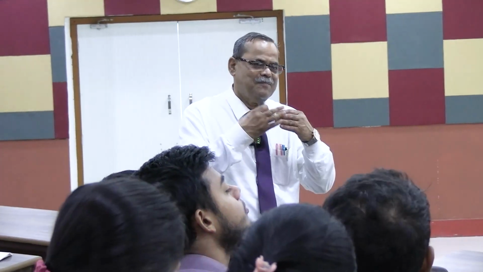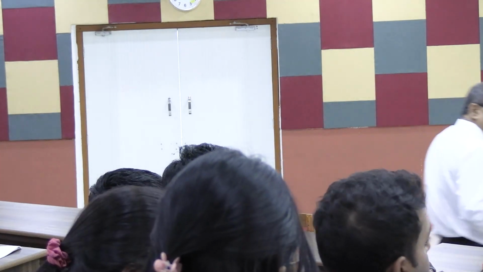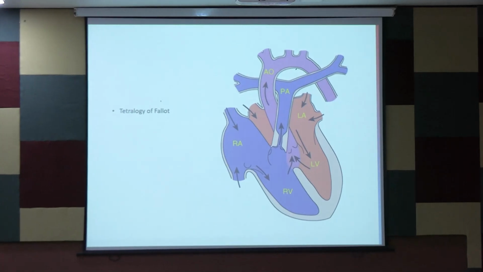In Fallot's tetralogy you see the pulmonary artery is narrow, so the P2 valve closure is very poor, a poor closure sound of P2, and also the aorta is overriding the pulmonary artery. This picture is taken from Nelson's textbook of pediatrics, but actually this is not the exact position of the aorta and pulmonary artery.